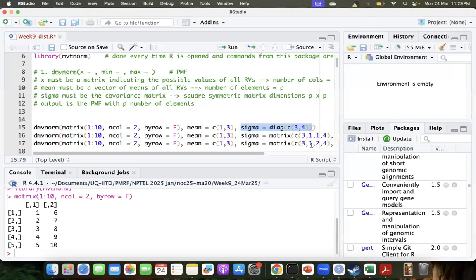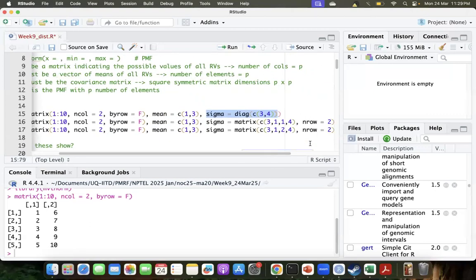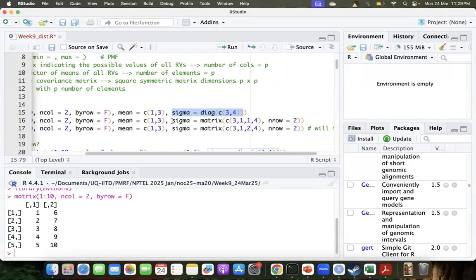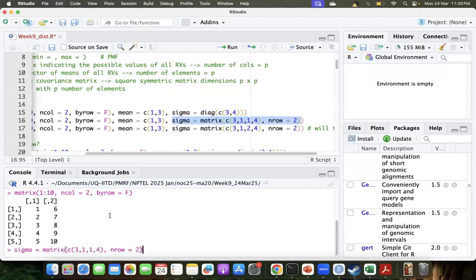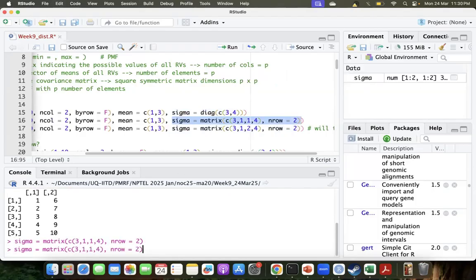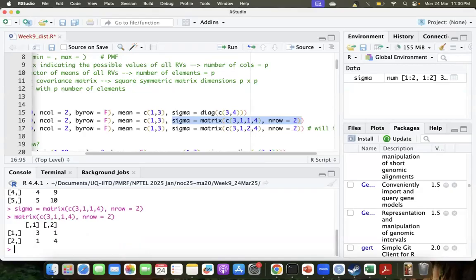And now here, this is where one of you was asking, what sort of values do you want to give? Do you want to give an actual matrix, or a diagonal matrix? You have two options. It could be this, or it could be this.